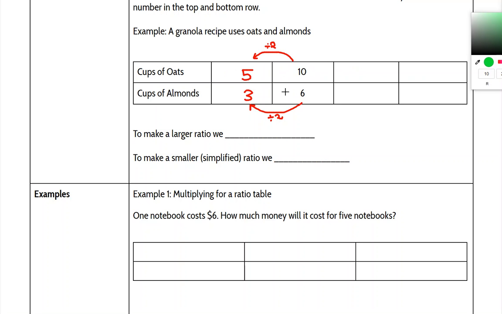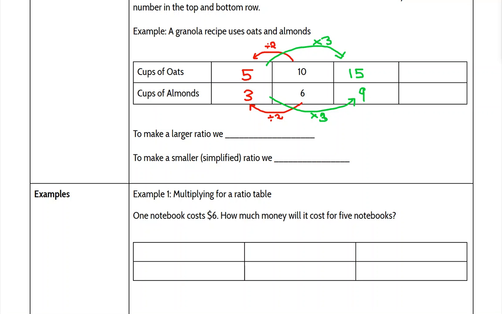You can use any equivalent ratio to make another. So I'm going to use this one that we just created and multiply it by 3, because if I multiply by 2, it gives me 10. So 5 times 3 gives me 15. And I have to do the same on the top and on the bottom. What's 3 times 3? Yep, 9. So another equivalent ratio would be 15 out of 9.